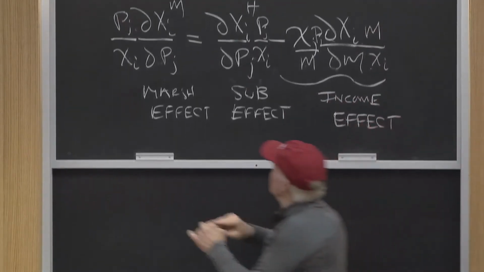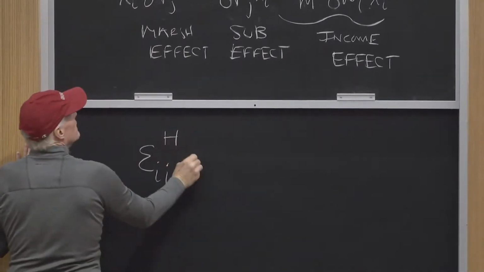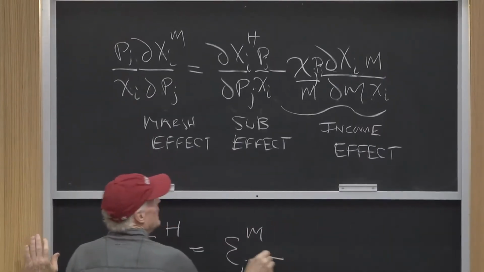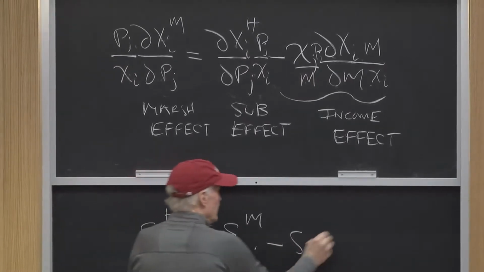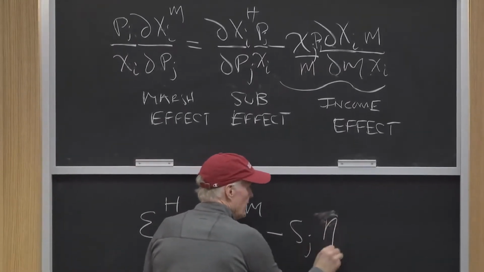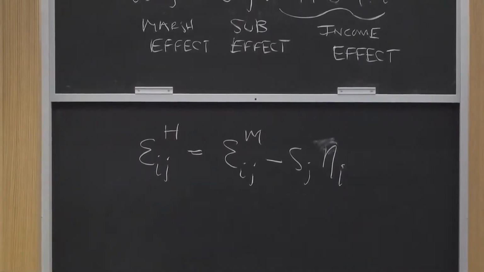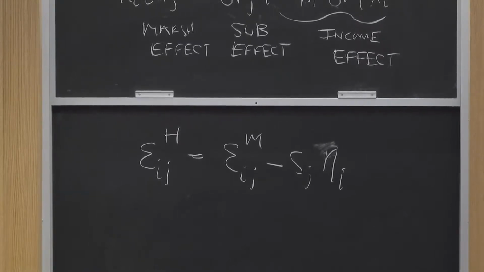And so this is epsilon ij Hicksian equals epsilon ij Marshallian minus the budget share of good J times the income elasticity of demand for good I. That's the elasticity version of the Slutsky equation.